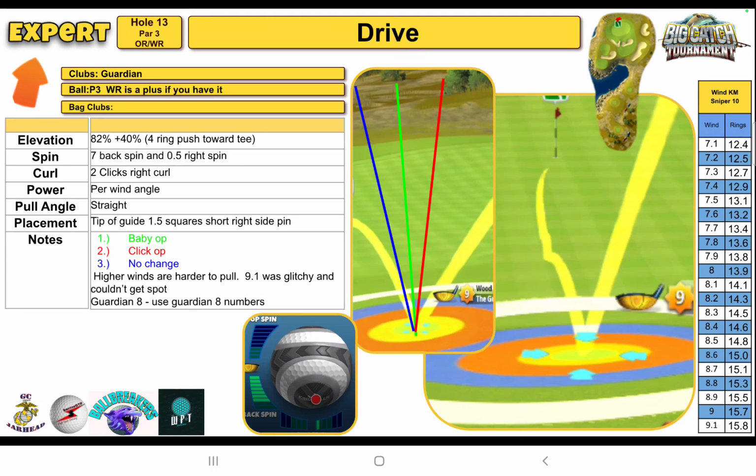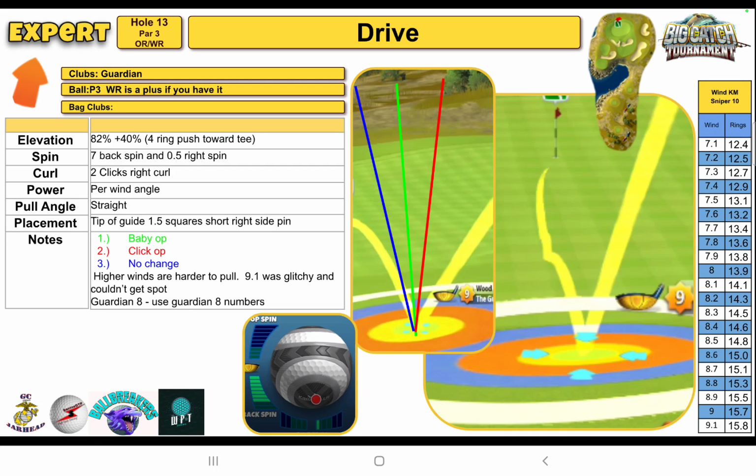On a different par 3 in that same exact tournament, you're going to see that we were at a 40% elevation, but because I was pulling up a hill, we needed to do a 4-ring push toward the tee. When we originally started doing this hole, we tried to use a 90% elevation, but the problem is that this wasn't exactly a straight tailwind.